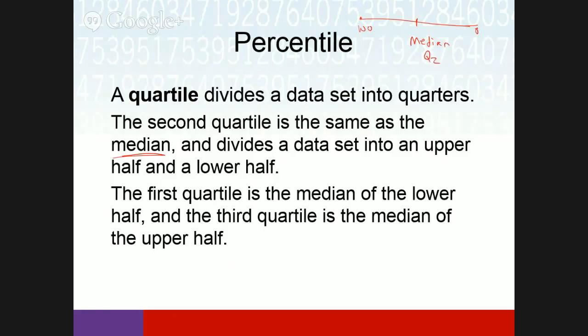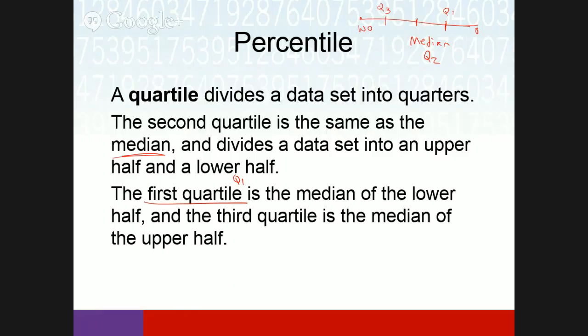The first quartile, Q1, is going to be the median of the lower half, and the third quartile is the median of the upper half. Some textbooks actually switch Q1 and Q3. It doesn't really matter, but the median is the middle value, right?